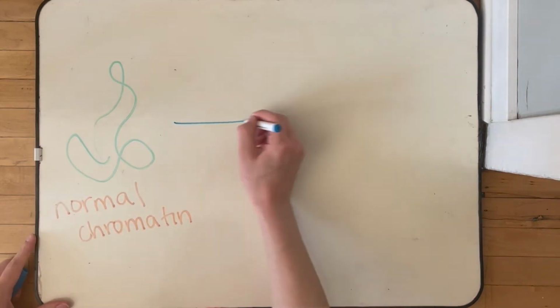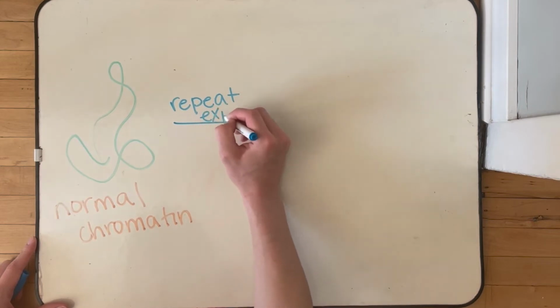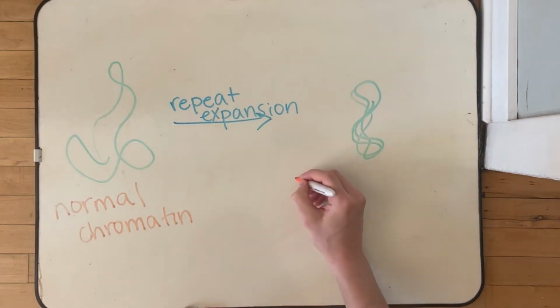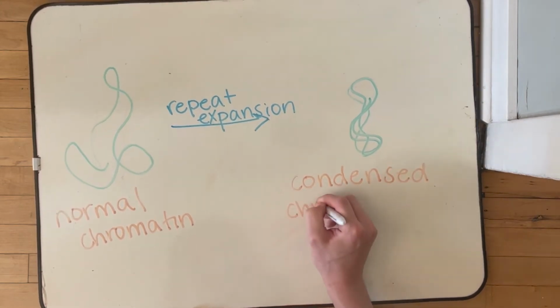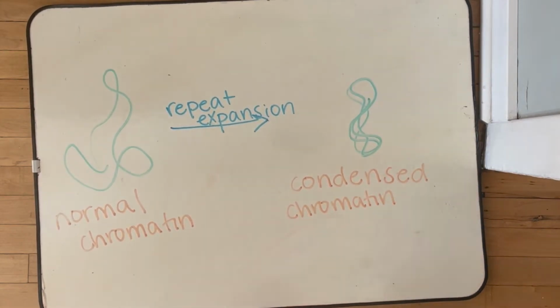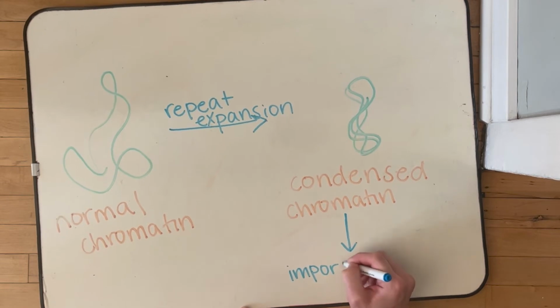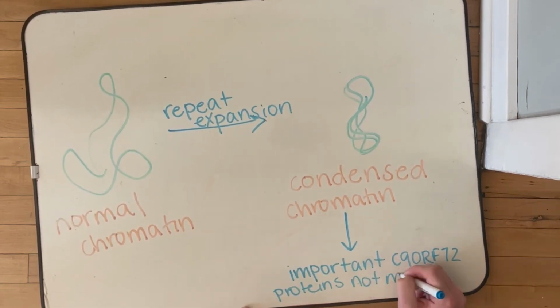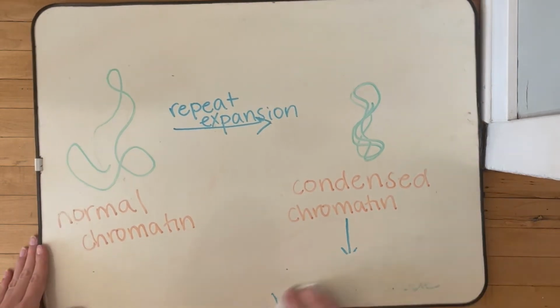So the actual repeat itself isn't an issue, it's just the issues that it causes. Evidence shows that longer repeat expansions lead to higher histone methylation, which causes the chromatin in that area to condense, and important C9orf72 proteins will not be made.